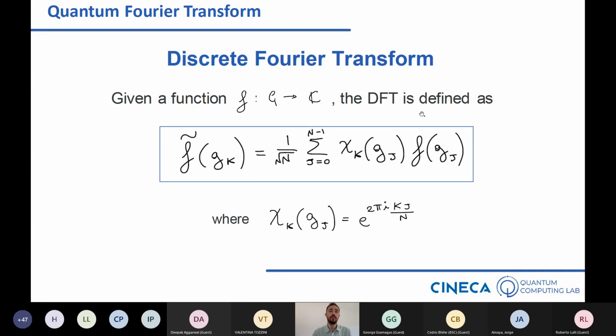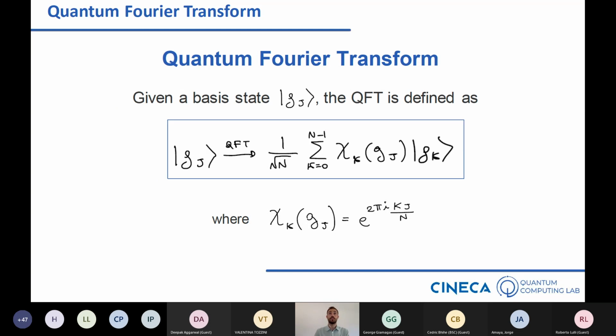Basically everybody knows what this is. There exists a quantum version of it, which is the quantum Fourier transform.